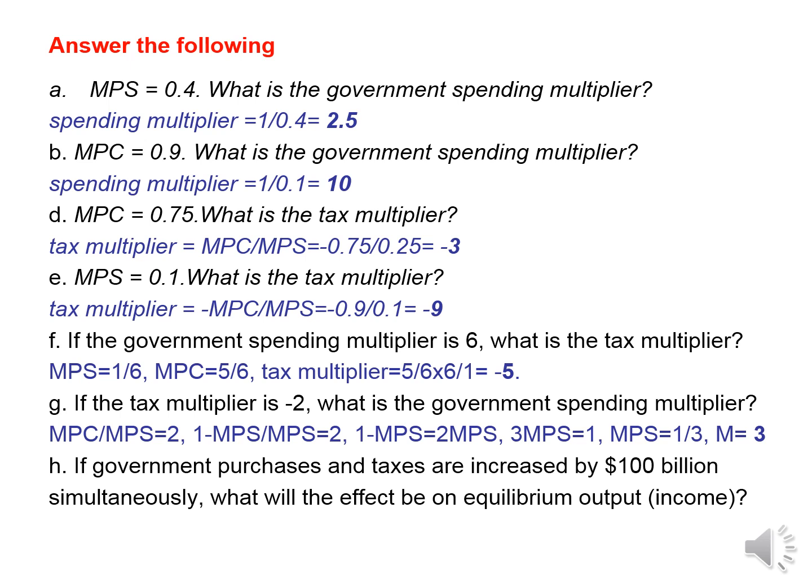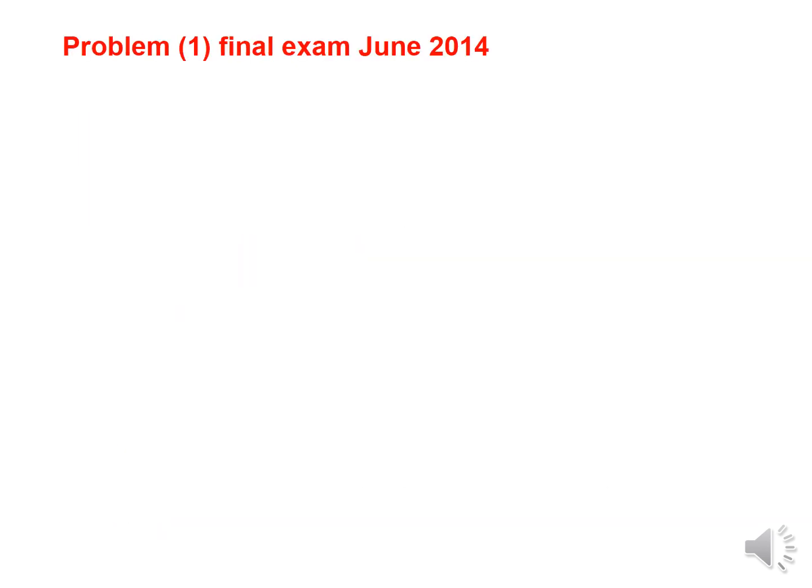If government purchases and taxes are increased by $100 billion simultaneously, what will the effect be on equilibrium output? Equilibrium output will increase by $100 billion. See, the balanced budget multiplier is the easiest thing to solve: you put Y as exactly the same increase as in G and T.